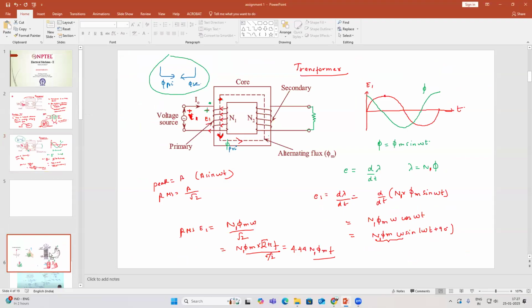Lenz's law is nothing but the law of conservation of energy. It basically says that energy cannot be created or destroyed.